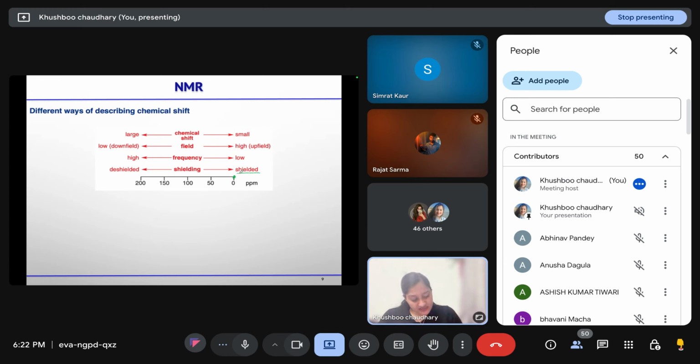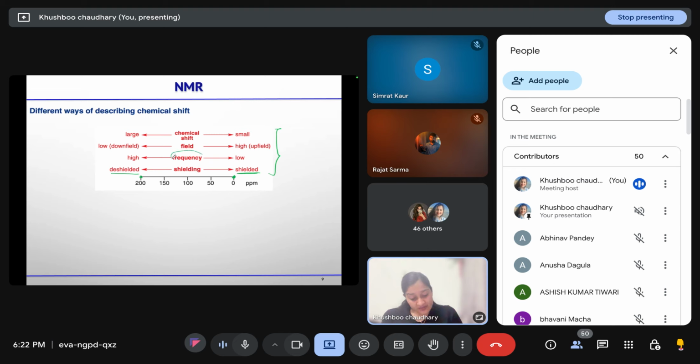These are the terms that you have to be aware of, so that's why we are discussing this. The region near to zero is shielded, and near to 200 is deshielded.